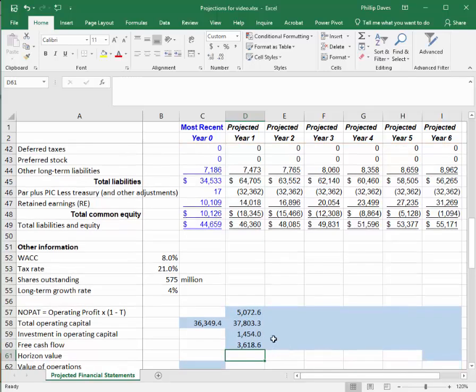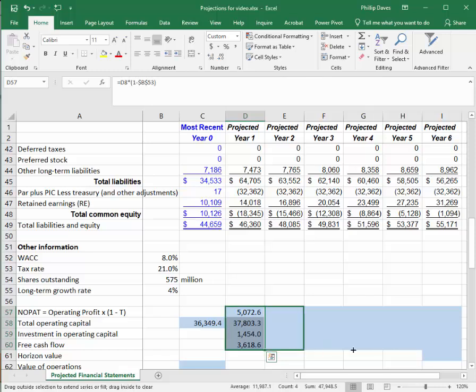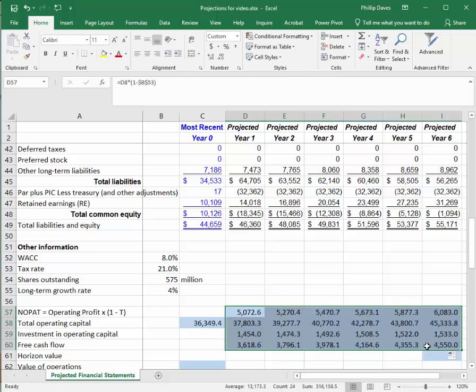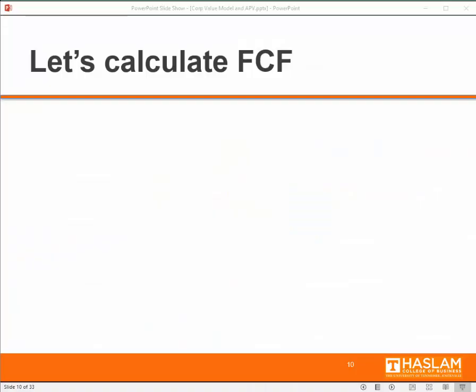And that gives you $3.618 billion in free cash flow. And we can now just copy that all the way out to the end of the projected years. And then let's go back to our slides.